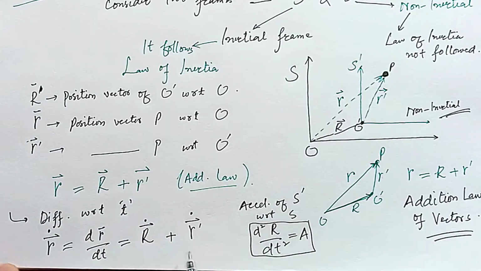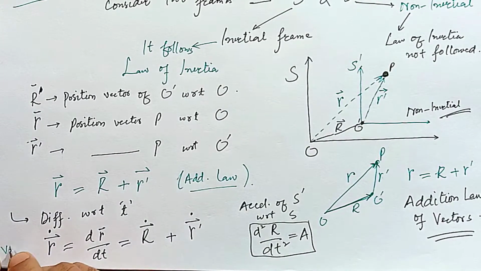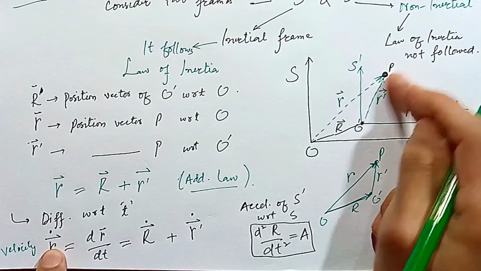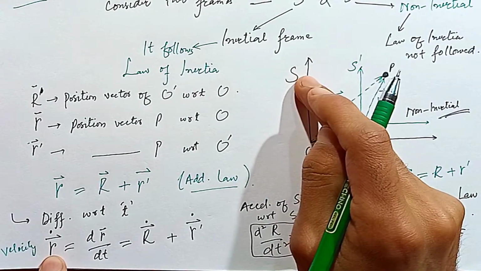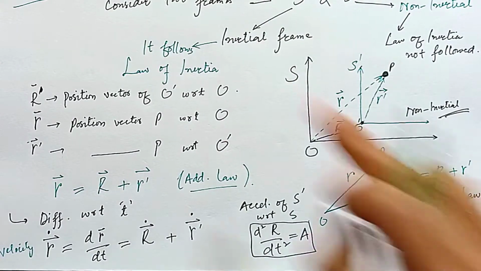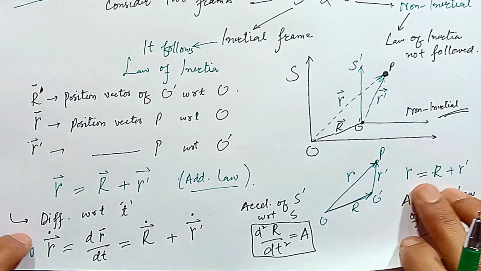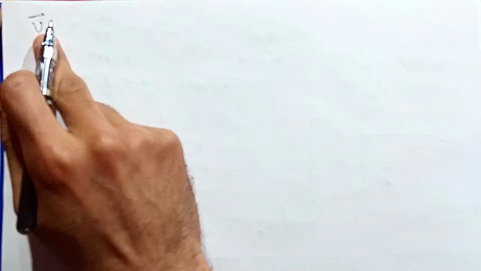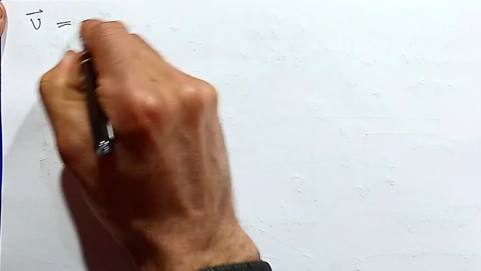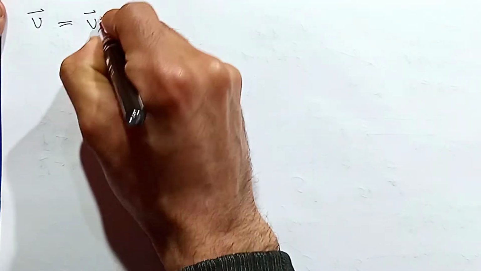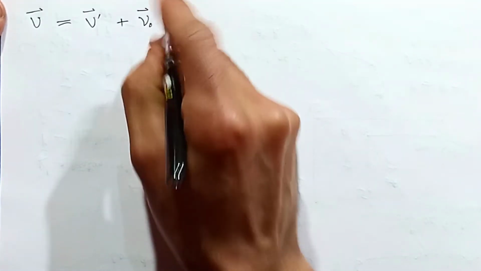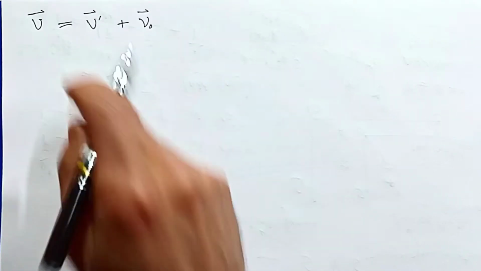This gives the velocity of the particle in the frame of reference S prime. Now we are concerned with acceleration. Till now we got the velocity in the frame of reference S equal to the velocity in the frame of reference S prime plus the velocity of the frame of reference S prime with respect to S.